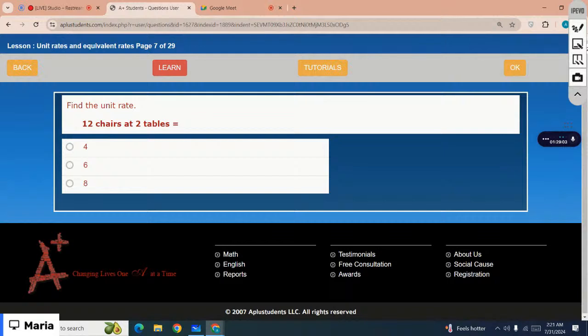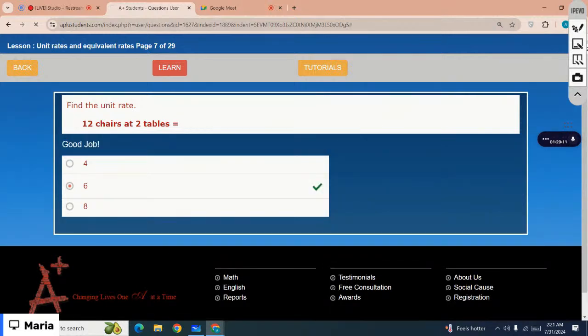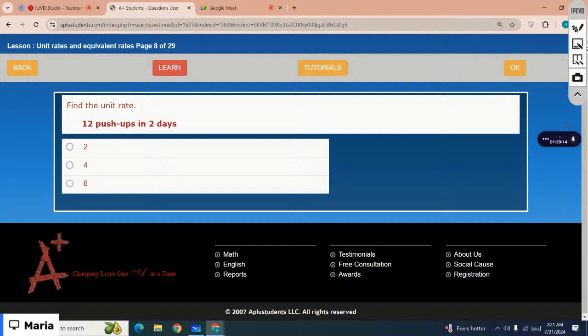That is six chairs at one table. So the correct option is six. Yes, they are the same actually. Find the unit rate: 12 push-ups in 2 days. So which is the correct option? Yes, six push-ups in 1 day. You can complete the lesson yourself later today. Just move to the next lesson.